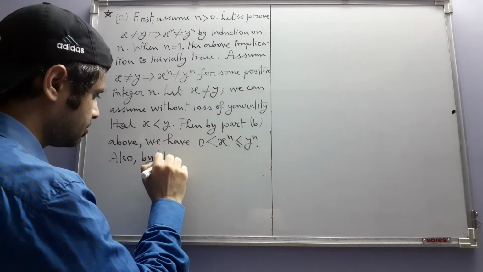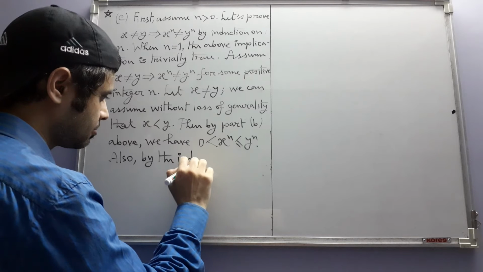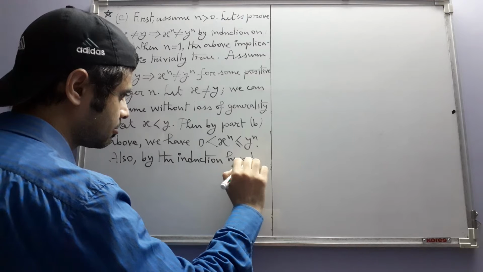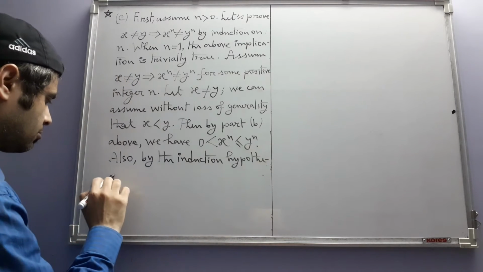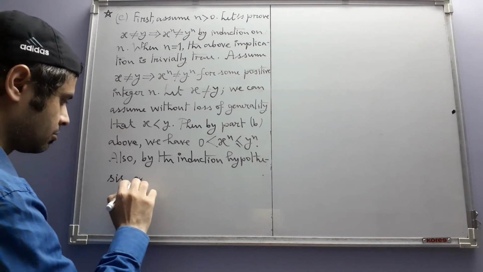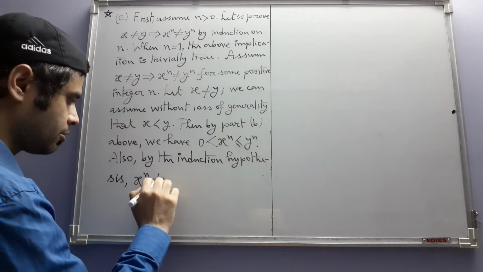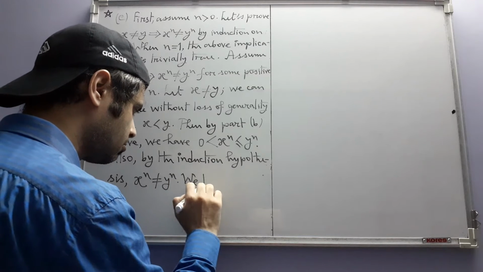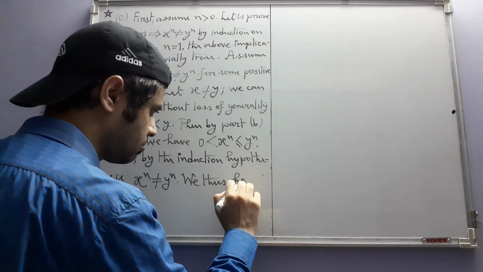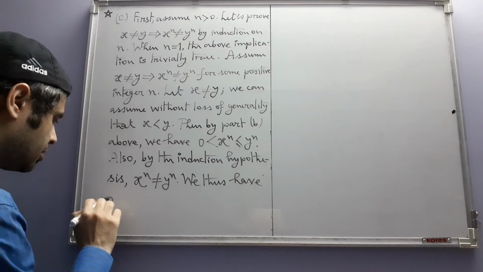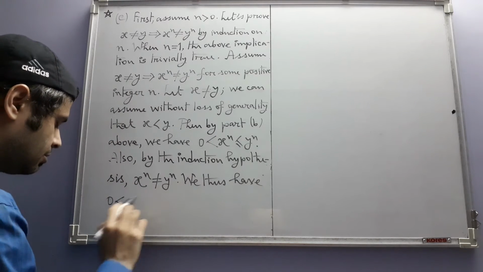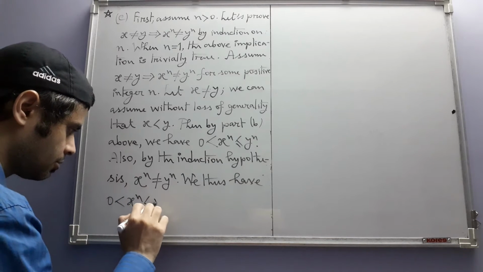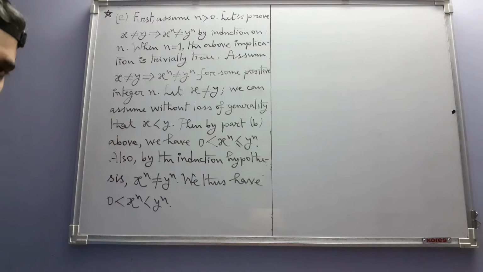Also, by the induction hypothesis, this is not equal to y to the power n. Now we have strict inequality because of this inequality, x to the power n less than y to the power n.